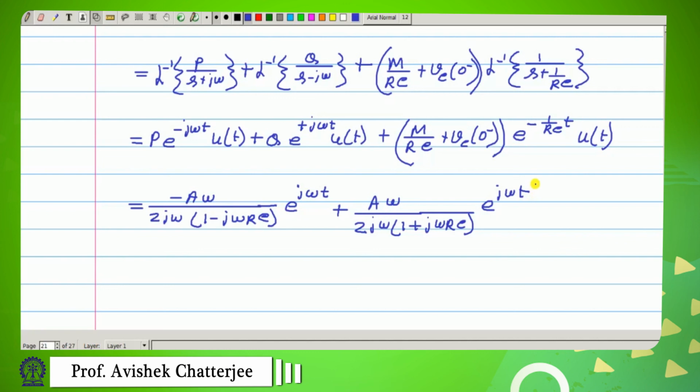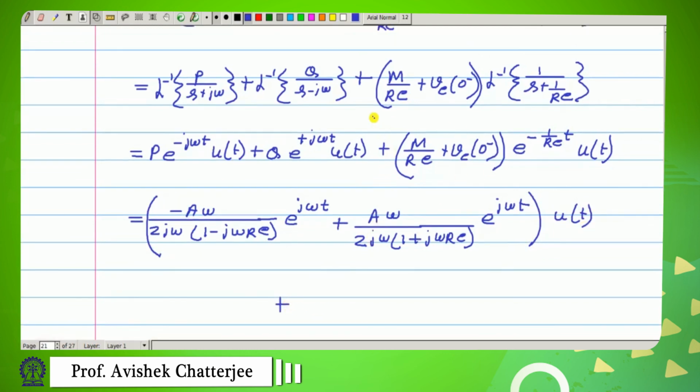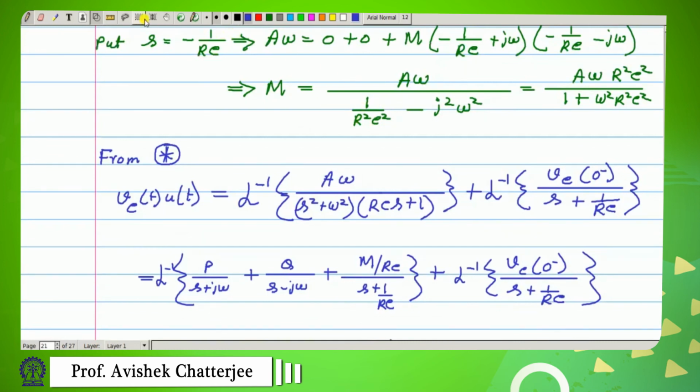Okay, and let me take this ut common, plus this term. Value of m is here.